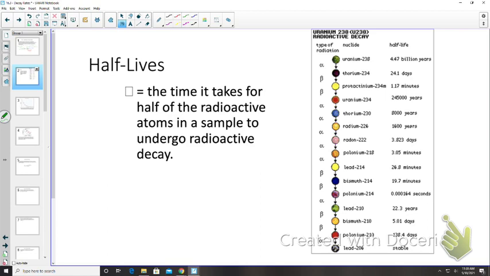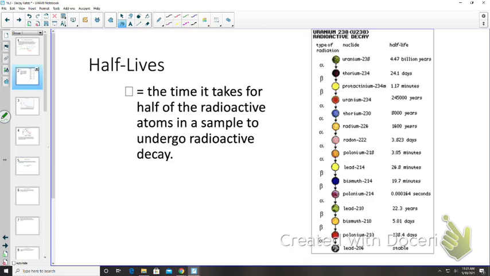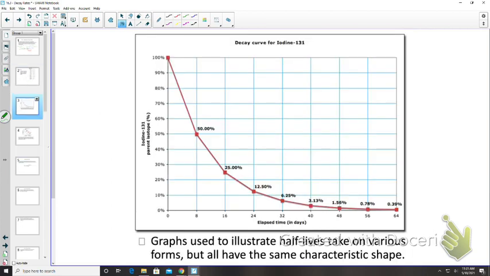We'll notice that uranium-238 has a longer half-life than thorium-234. And half-lives are going to be unique to each element, just like the radioactive decay rates. So we usually focus on half-lives, and there is the formula there, so we'll get to that in just a minute.